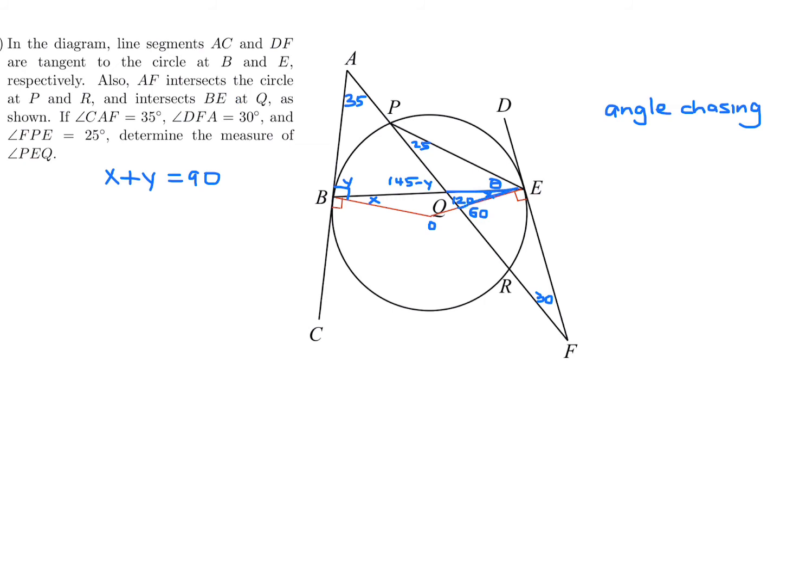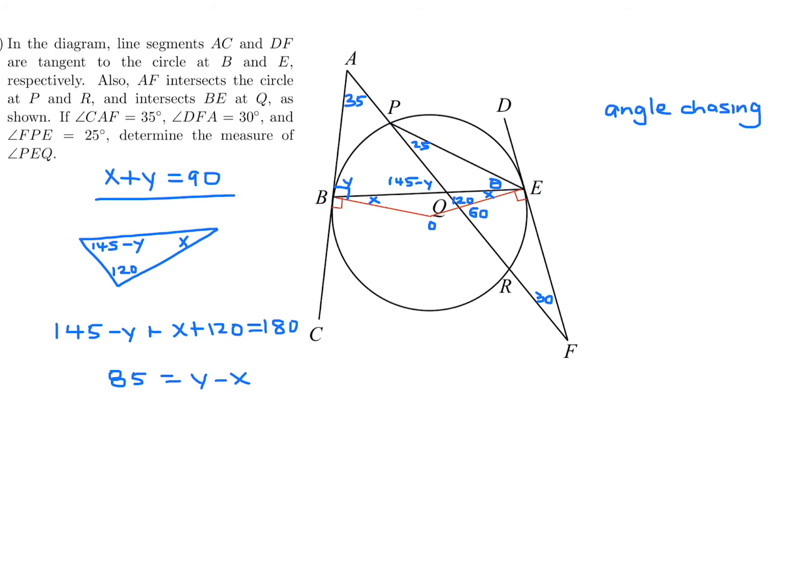So in that triangle, if I drew it briefly here, this was 120, this was X, and this angle is that 145 minus Y. So from that triangle, we can deduce that 145 minus Y plus X plus 120 is equal to 180. And therefore, we get 85 is equal to Y minus X.